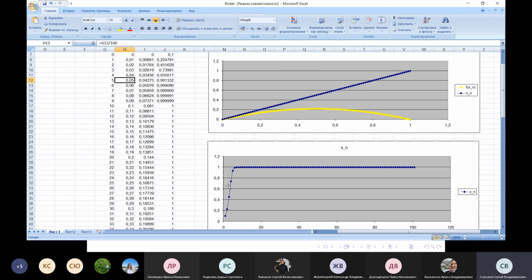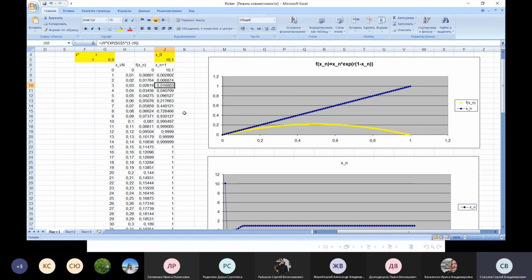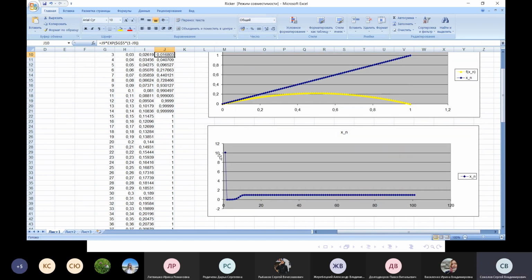For sure, we can solve this equation for different x0. For example, we can solve it for this one, and we'll see the same. If we start far from 0, it still stabilizes near 1.